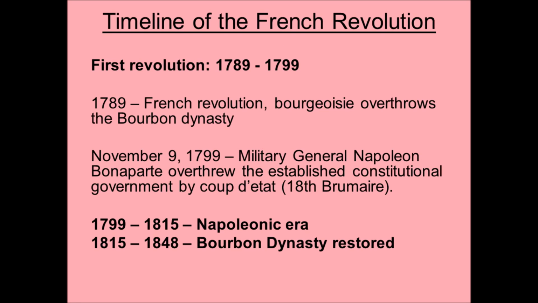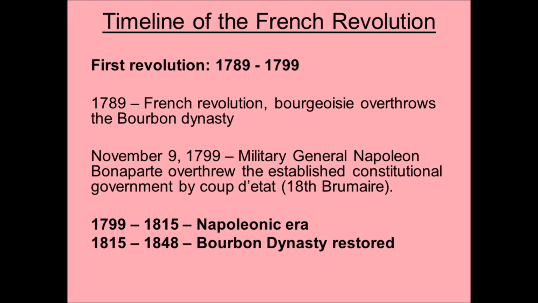So let's start with a historical timeline of the French Revolution. In 1789 was the first French Revolution, when the bourgeoisie overthrew the monarchy, the ruling Bourbon dynasty. On November 9, 1799, the military general Napoleon Bonaparte overthrew the established constitutional government that was set up by the bourgeoisie, and he held a coup d'etat.